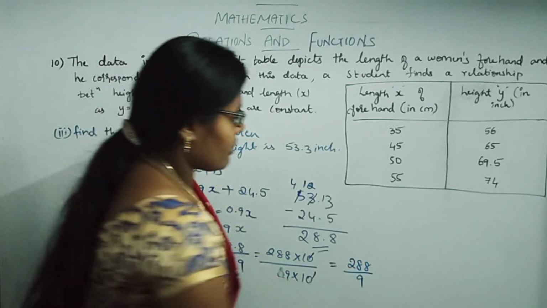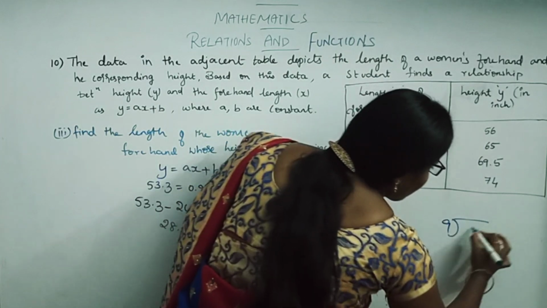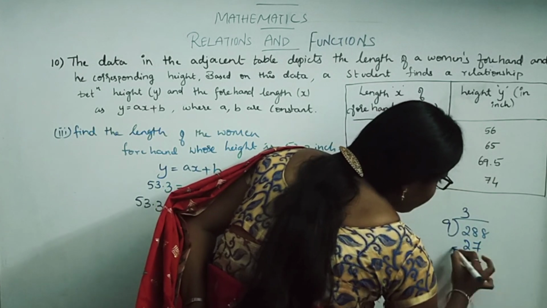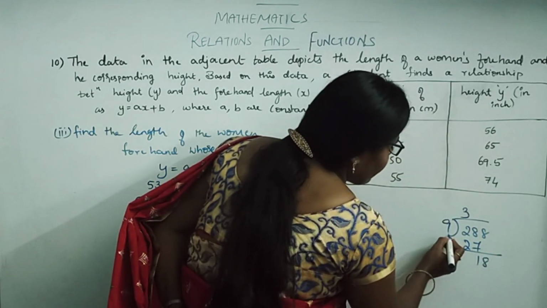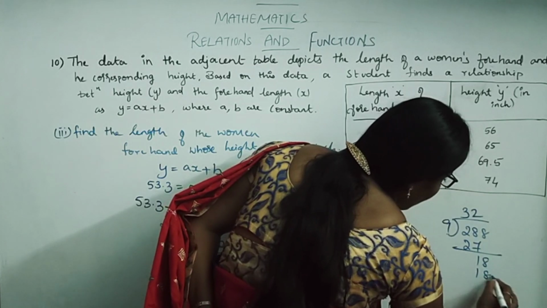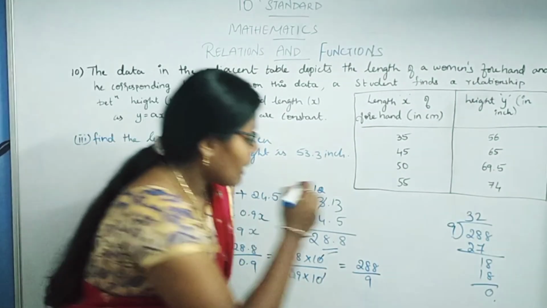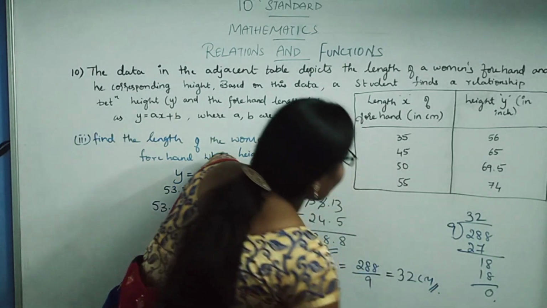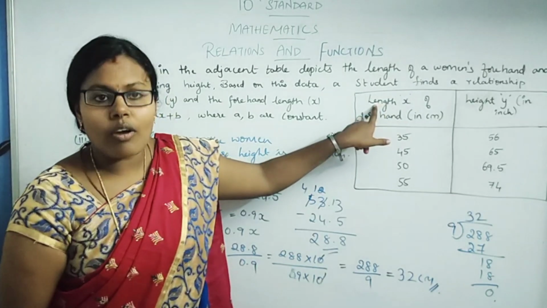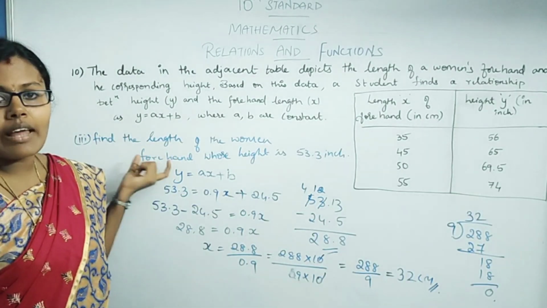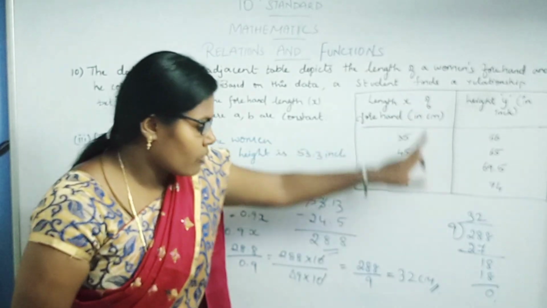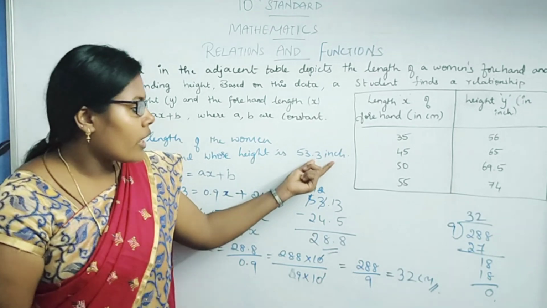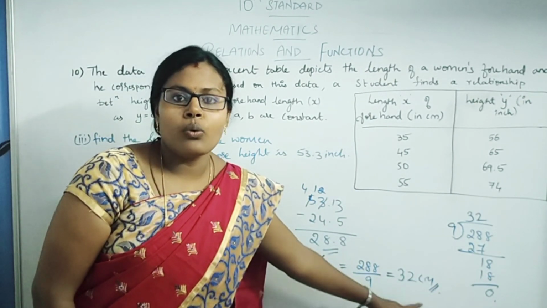Divide and write the answer. 9 3s are 27, then 1 8, then 9 2s are 18. So the answer is 32 centimeters. This is the length of the forearm, which is the x value, in centimeters. So her height is 53.3 inches, and her forearm length will be 32 centimeters.